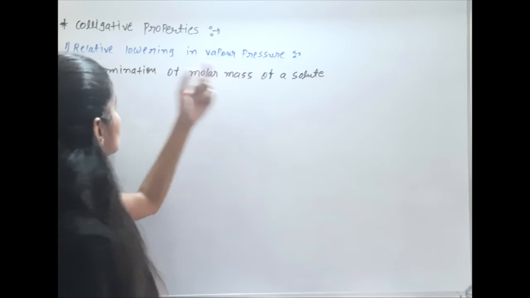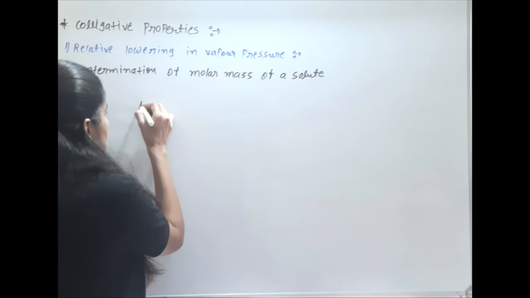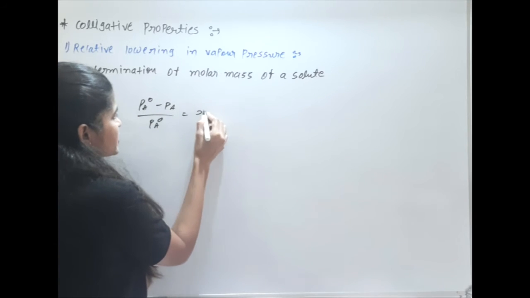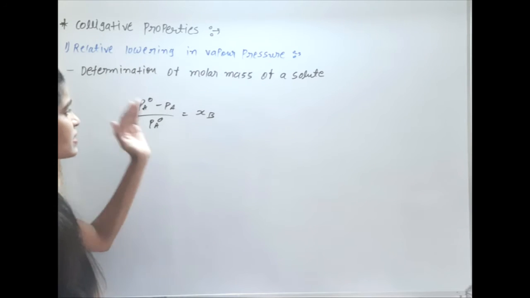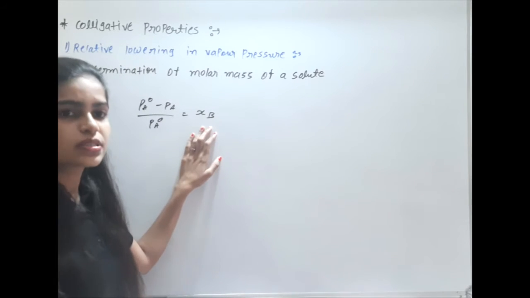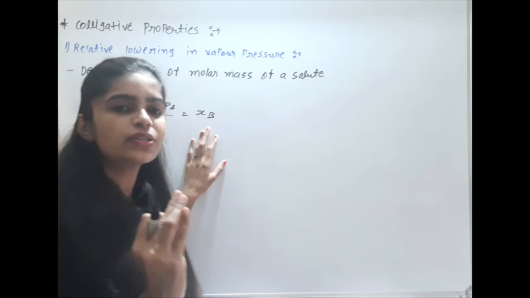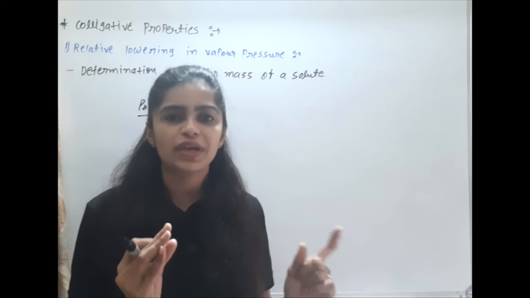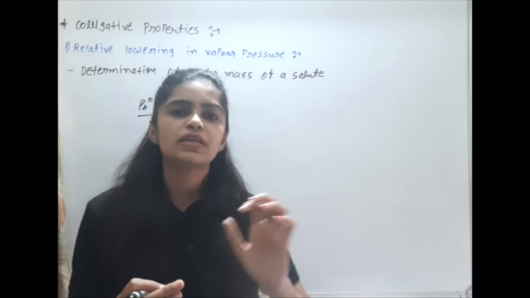Determination of molar mass of solutes using relative lowering in vapor pressure. First, PA0 minus PA upon PA0 is equal to XB. That means lowering in vapor pressure depends only on the mole fraction of the solute. We know that the mole fraction is equal to the number of moles of B upon the number of moles of A plus the number of moles of B, where A is the solvent and B is the solute.